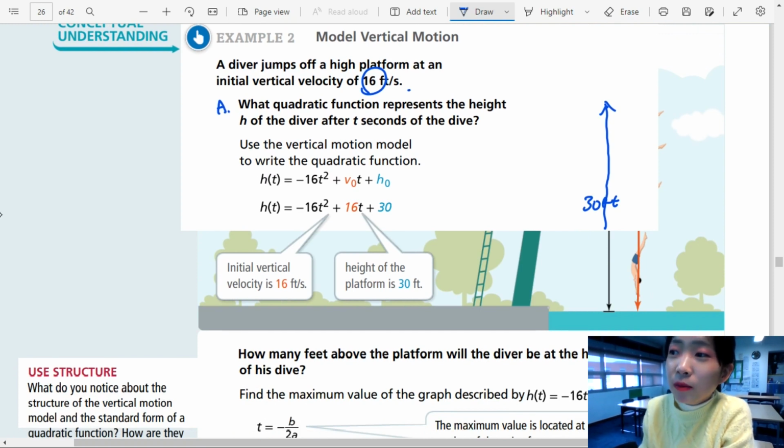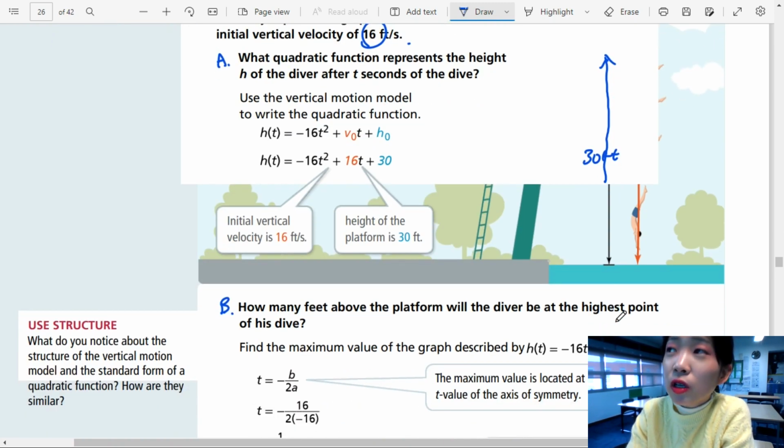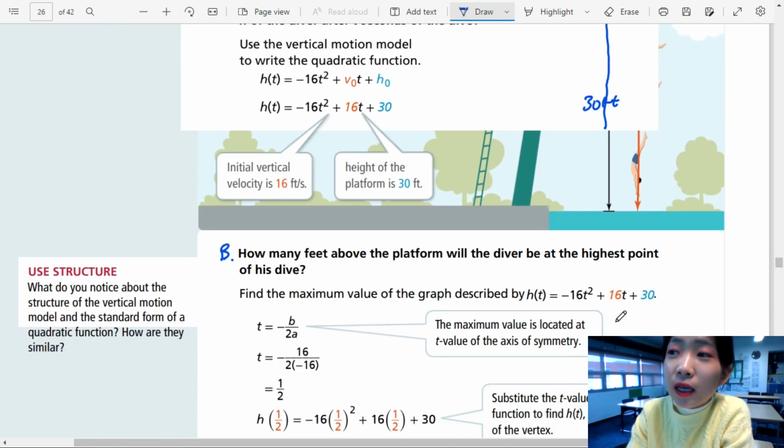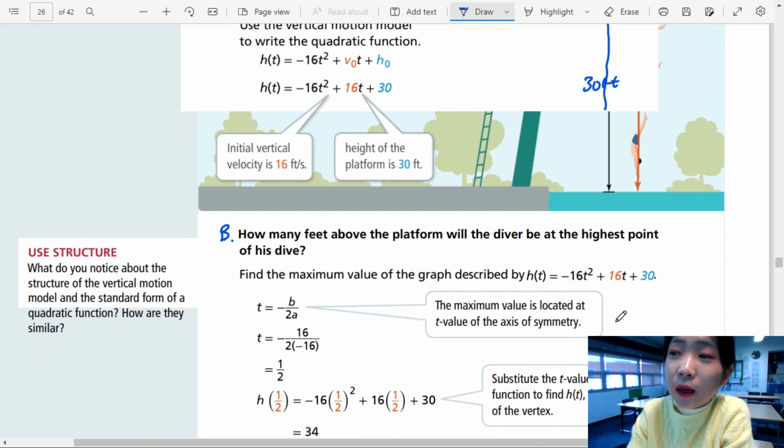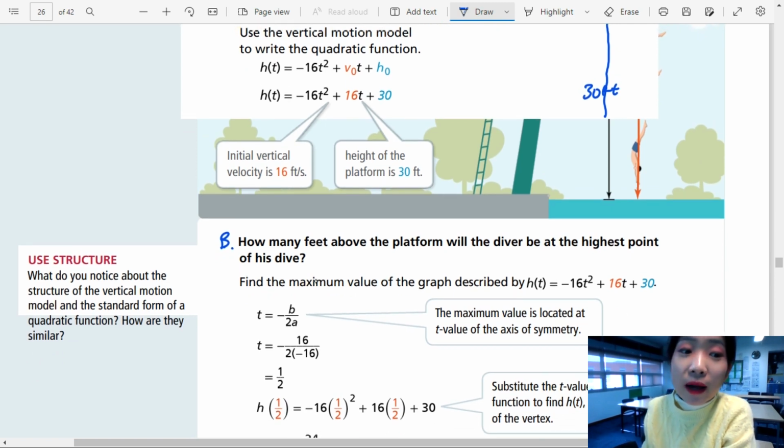And part B, how many feet above the platform will the diver be at the highest point of his dive? So remember your equation for your x value in your standard form. So x equals negative b over 2a was your equation, right?